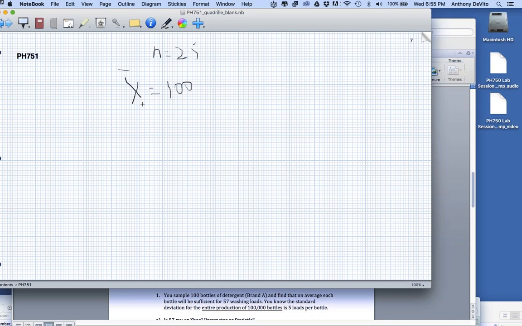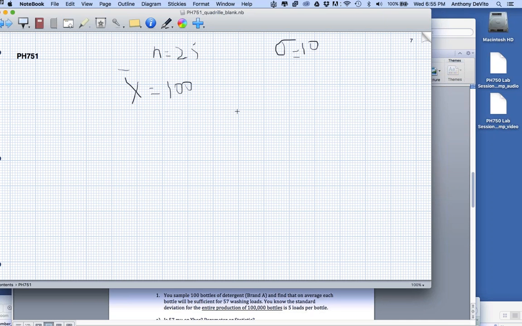And a little birdie tells me the standard deviation for this population happens to be 10. Somebody's got to tell me that, right? Generally we never know the population standard deviation, but just for now, we're going to assume that we know it. Standard deviation is equal to 10.